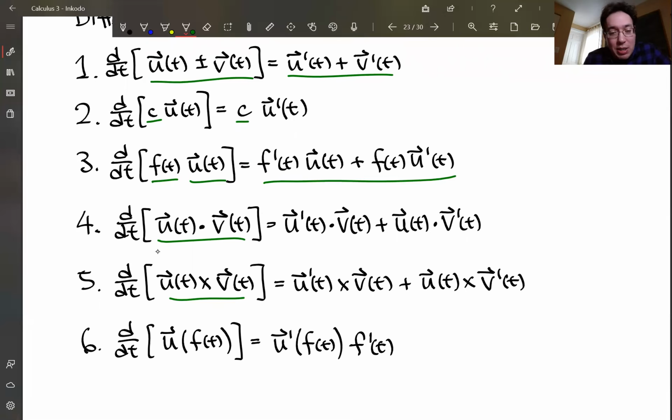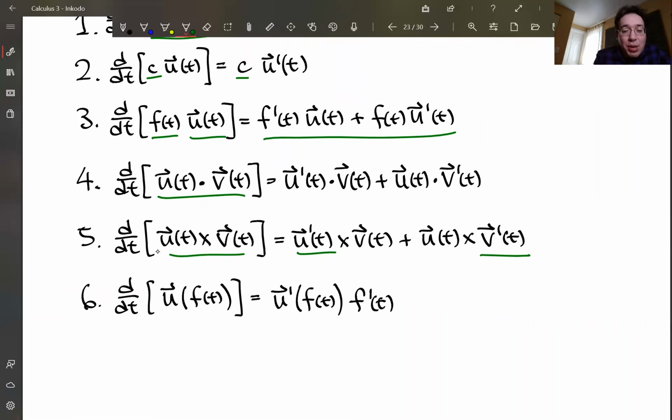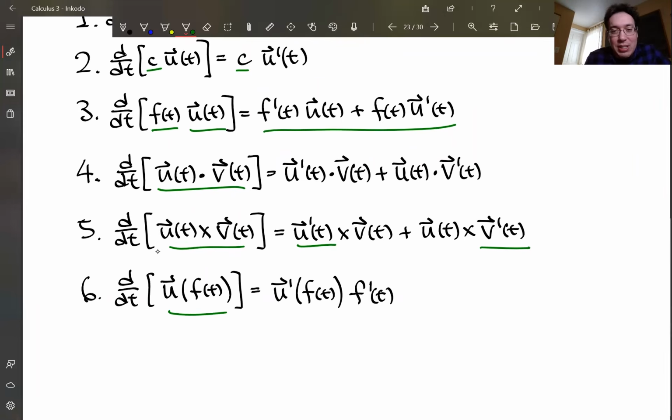One thing you should watch out for with the cross product though, is that you can't change the order of multiplication, otherwise you actually change the resulting vector. So you take the derivative one piece at a time, but make sure not to switch the order of these vector functions. Okay. And the chain rule also follows through. So that's kind of nice.